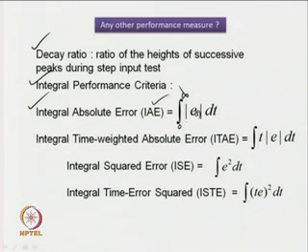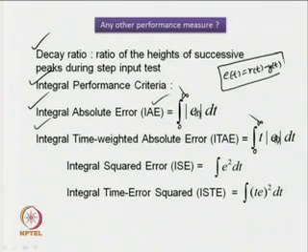Another performance criterion is integral time weighted absolute error criterion, given as integration from 0 to infinity of t times mod of e(t) dt. What is e(t)? e(t) is nothing but the difference between the reference input and the actual output of a system.